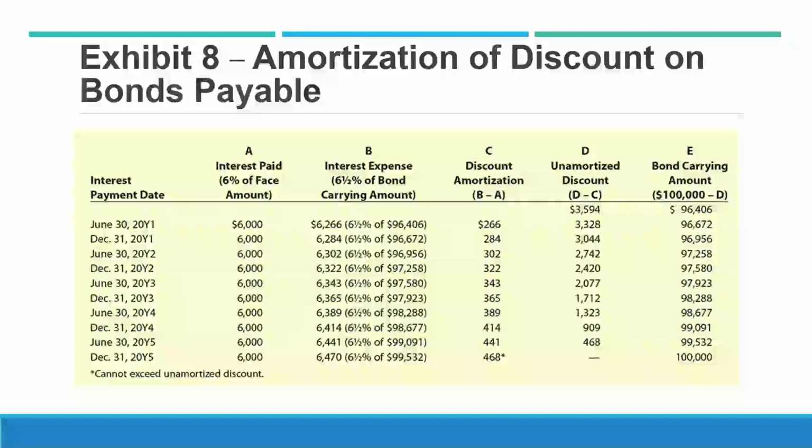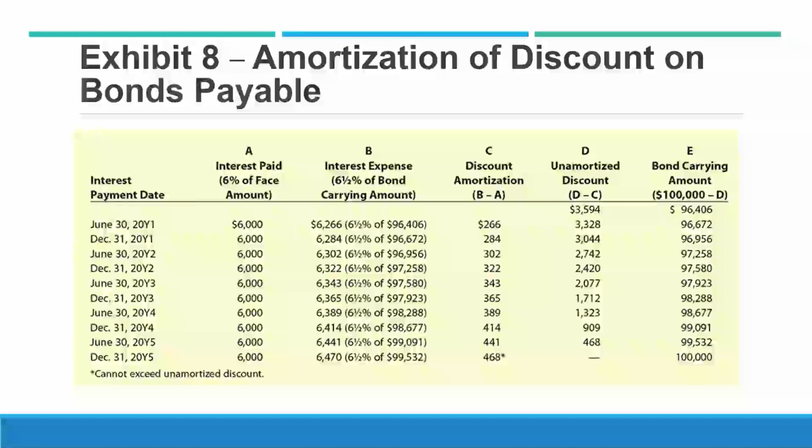And so we multiply the carrying value of 96,406 by 6.5%, which is the market rate of interest every 6 months for this bond. And we get a total interest expense of $6,266. And then because the cash paid was $6,000, the discount amortization is $266.